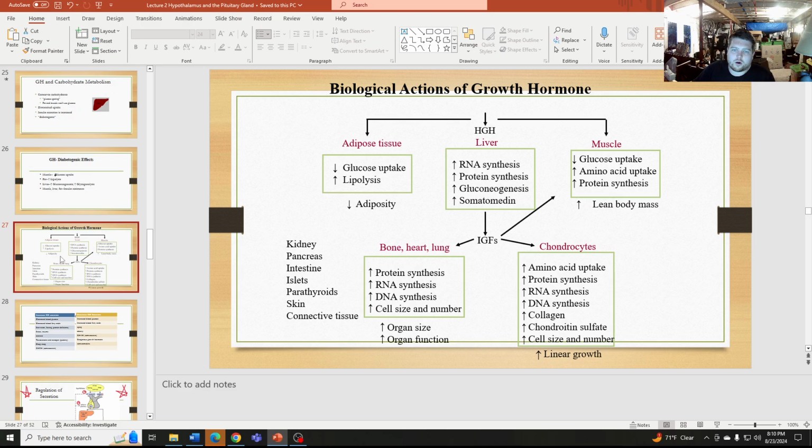Here's all three here. Human growth hormone goes directly to adipose tissue, muscle, and the liver, and then you get the IGFs, which go to the bone, the heart, the lungs, and the chondrocytes.